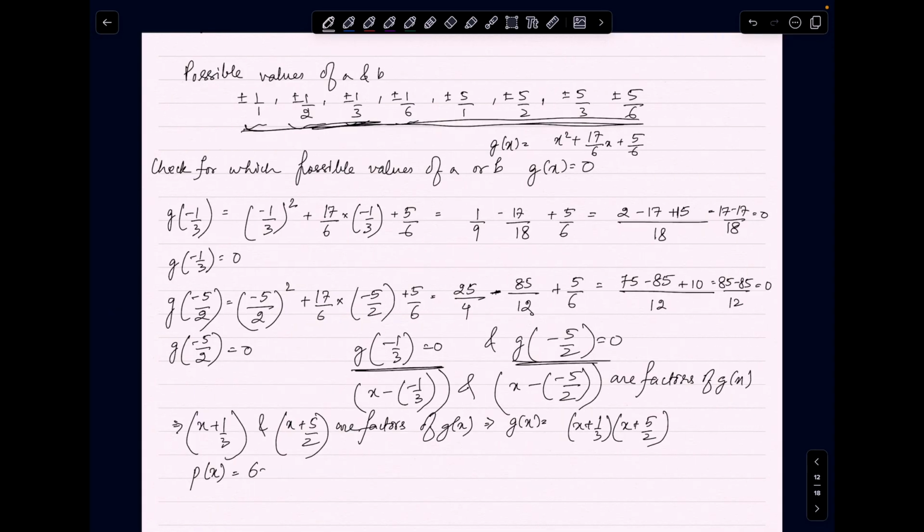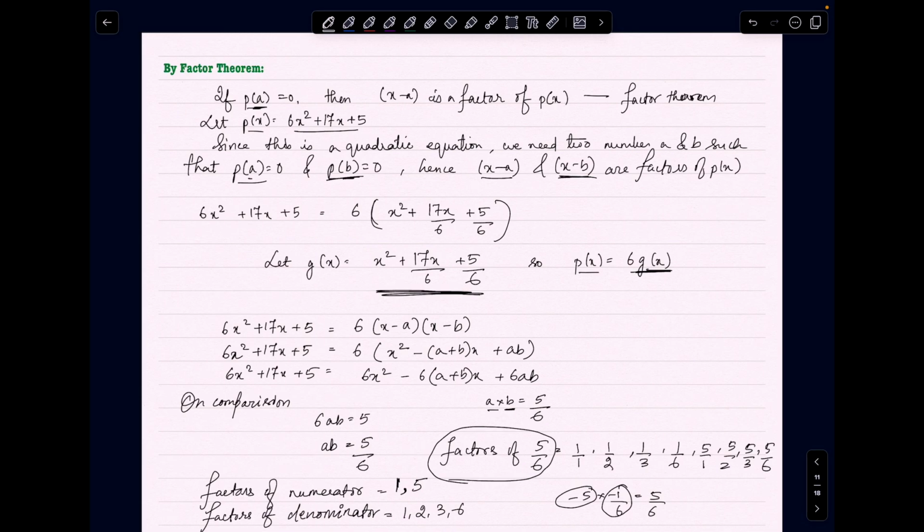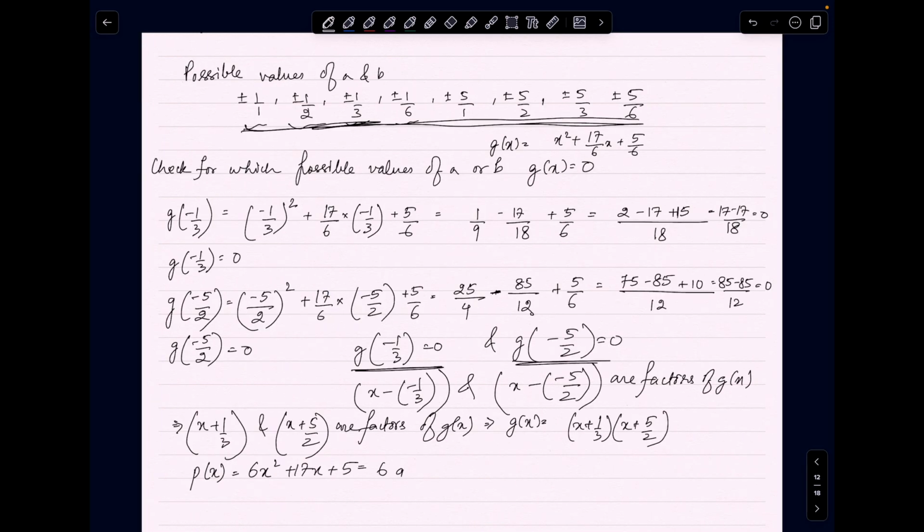That is given as, I have already written it, p of x is 6 into g of x. G value already found out as g of x equals this thing. So p of x equals 6 into x plus 1 by 3 into x plus 5 by 2.